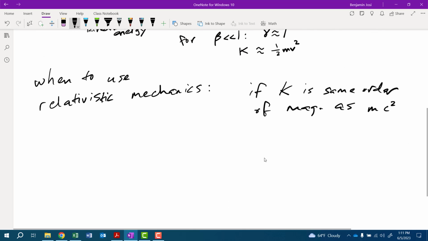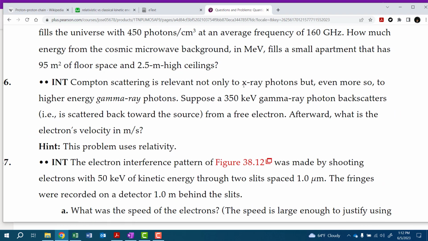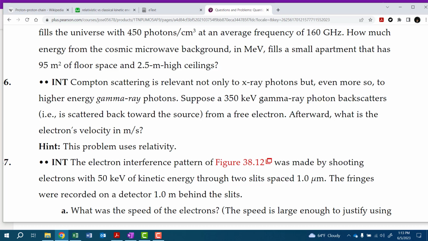Okay, let's just get into the problem and apply this stuff. So here's our overall program for solving the problem. We're given the energy of the incident photon. Let's first convert energy into wavelength, to find the initial wavelength of the photon.